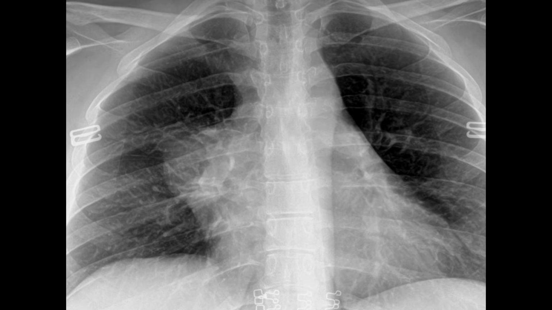And we'll zoom in a little bit to see the most significant finding on this image, which is substantial enlargement of the right mediastinum. So hopefully you saw this finding, and when we look side by side, it is very clear that the right hilar region is much more prominent than the left.